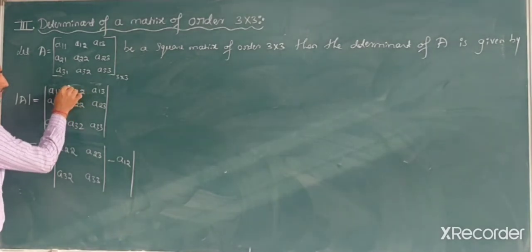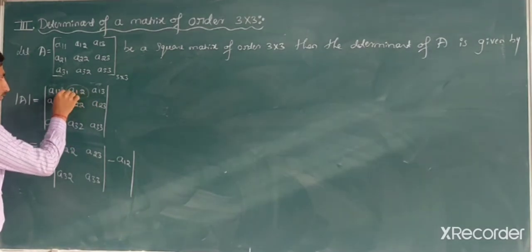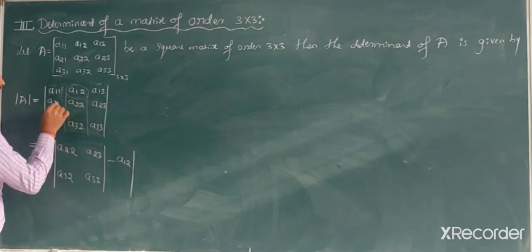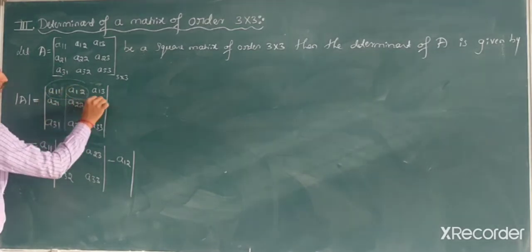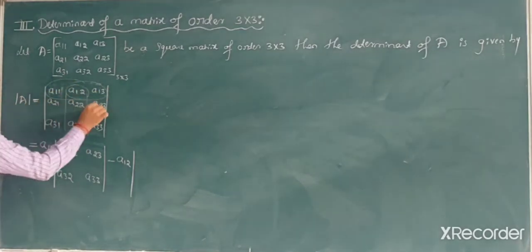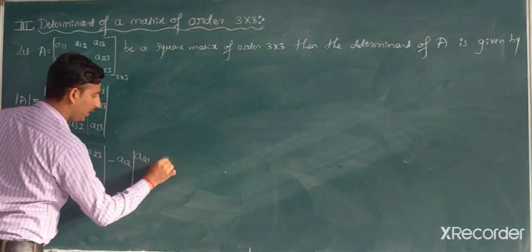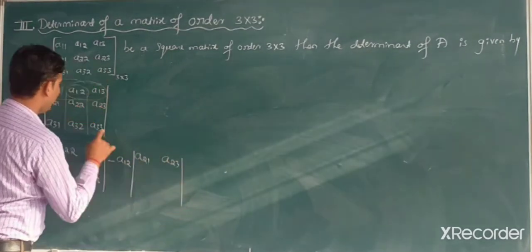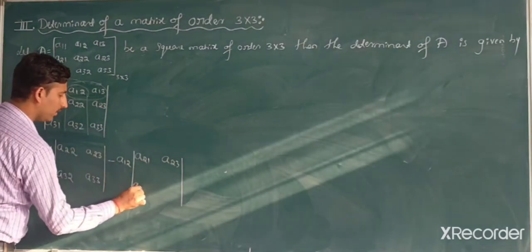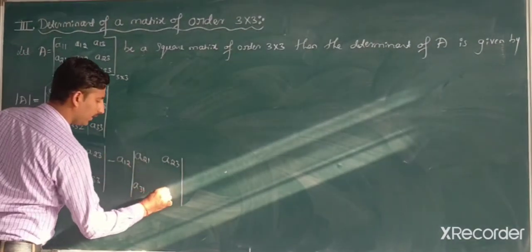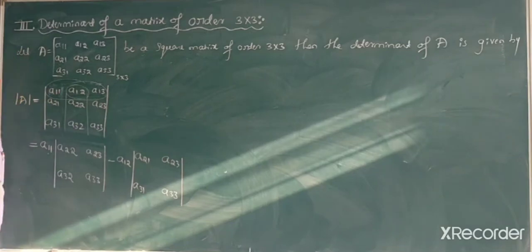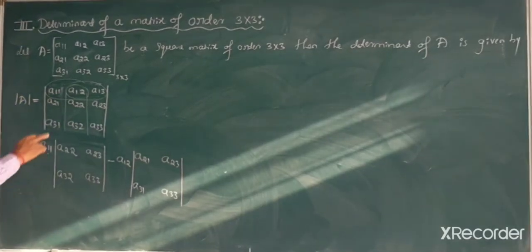For A12, we eliminate its row and column, and we write A21, A23, A31, A33.